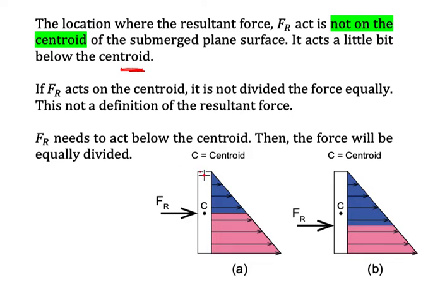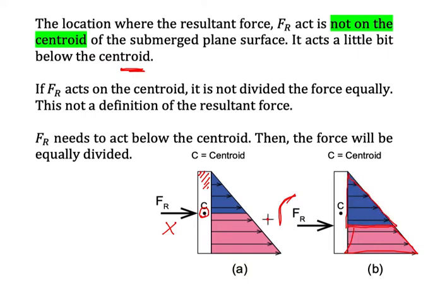For example, we have a plane here, and this is the centroid of the plane. Please do not draw the resultant force here acting on the centroid. This is a totally wrong idea. You need to draw the resultant force a little bit lower than the centroid, because the idea of the location of the resultant force is to balance the force at the bottom with the force at the top.